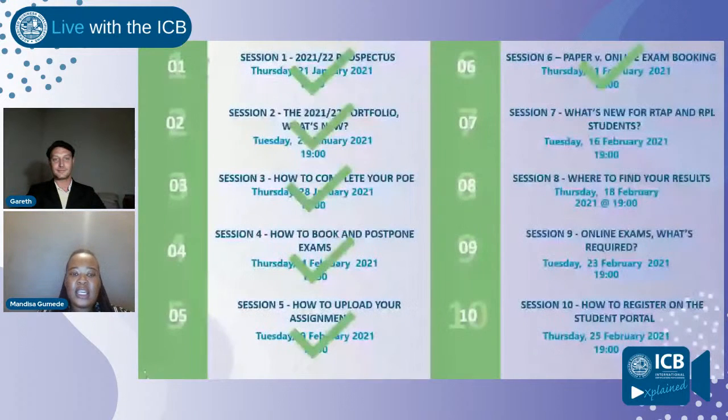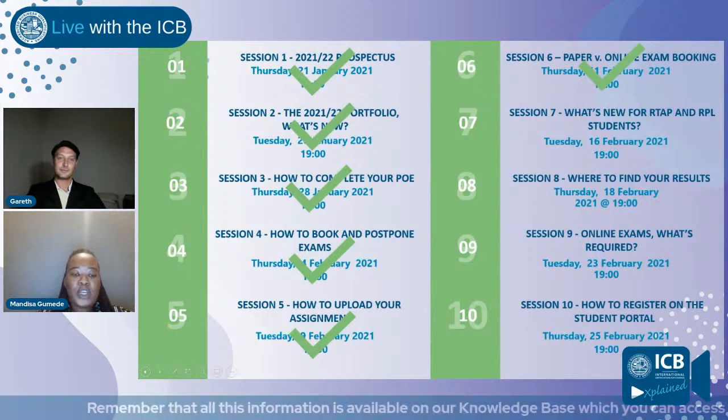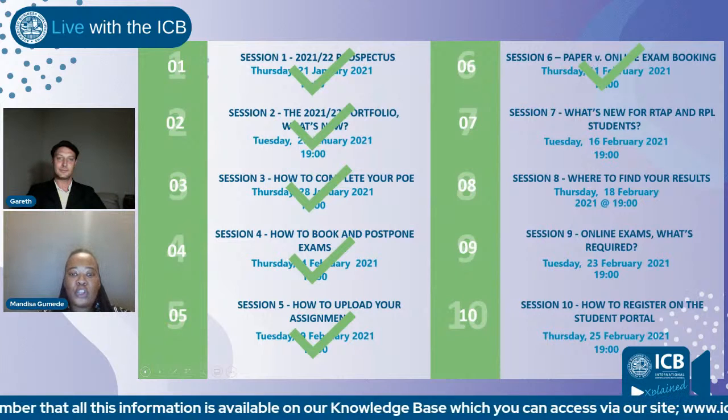So this is basically a list of all the past and upcoming sessions, and you see that so far we've had a look at the 2021 prospectus, the 2021 portfolio, how to complete the POE, how to book and postpone the POE, the exams, how to upload your assignment.